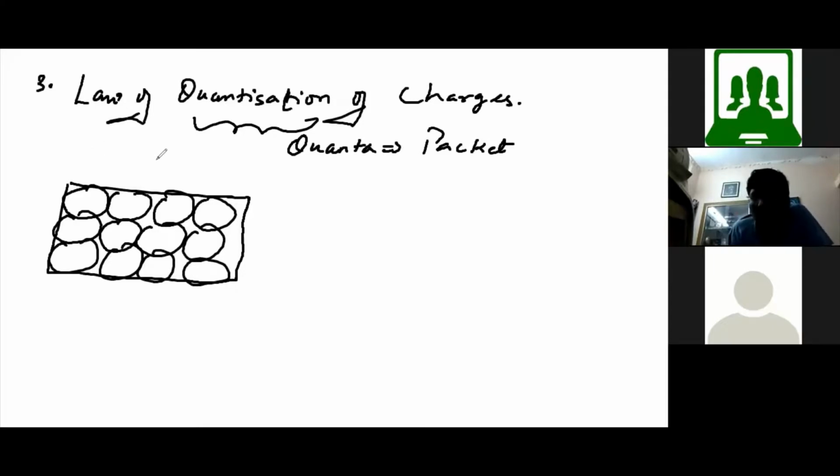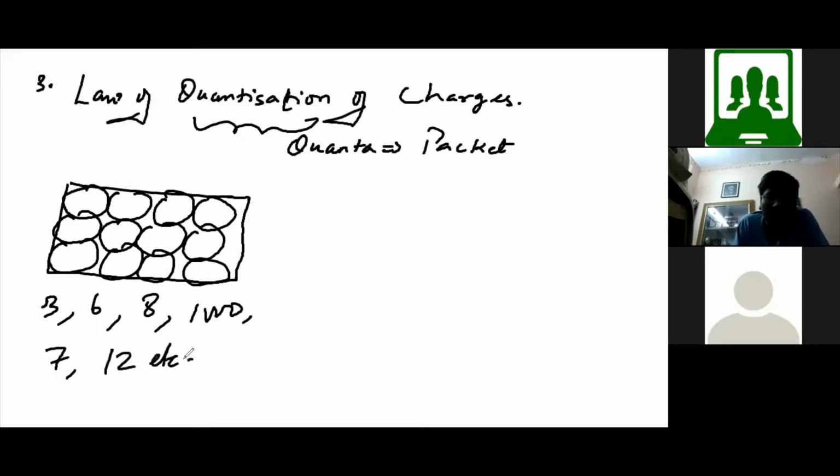Now my question to you is, how many balls do you want to pick from this bag? Can you tell me any number? 3. Okay. Any other number? 6. If I ask any other student, he will say 8. Somebody will say 1000, somebody will say 7, somebody will say 12, etc. Can you pick 3.2 balls from this?